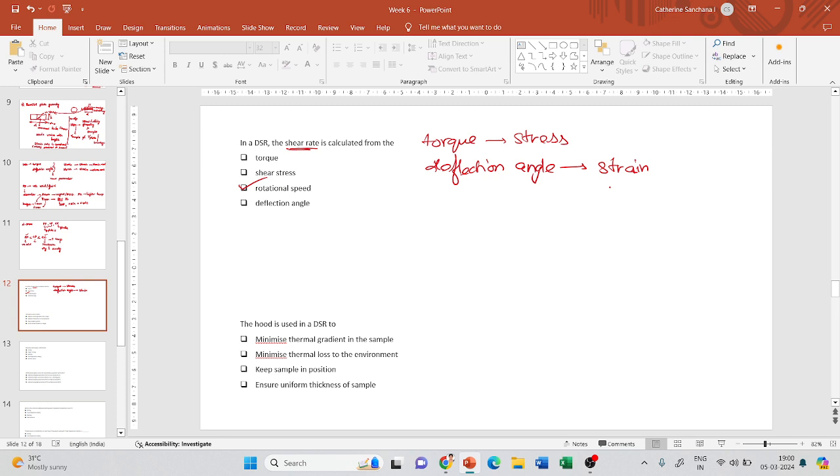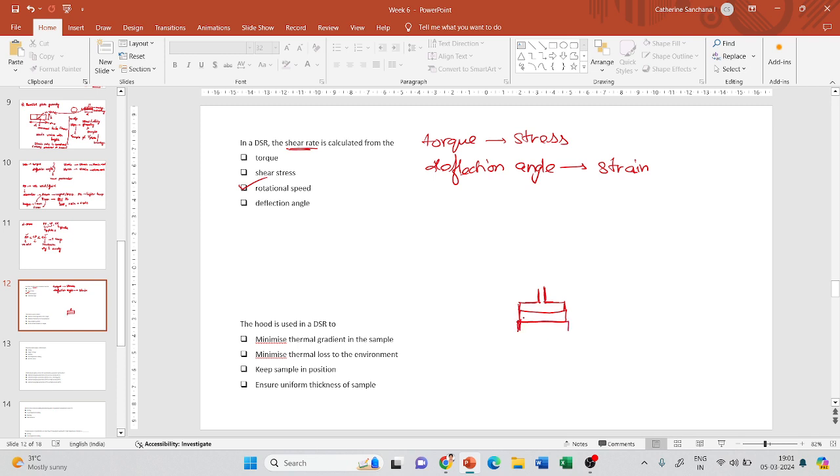So first, let us understand what a hood is. If you see, this is the sample sandwiched between the plates. From now on, most of the reference sample sizes I will be giving with respect to a parallel plate geometry.